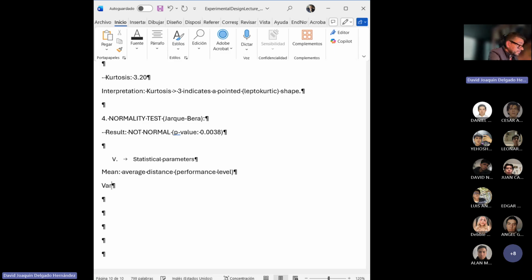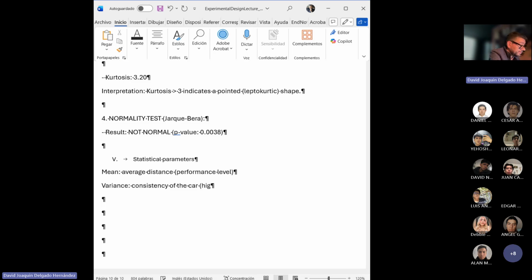The variance is related to the consistency of the car. If you have a small variance, that means that the car is very consistent. If you have a large variance, that means that the car is not so consistent. Okay, so let's see here.